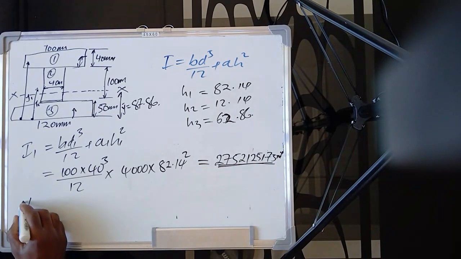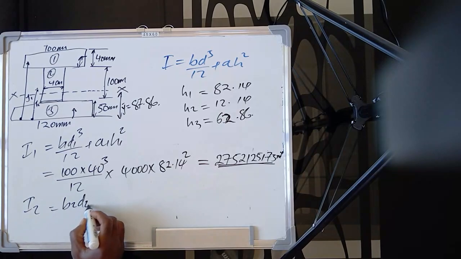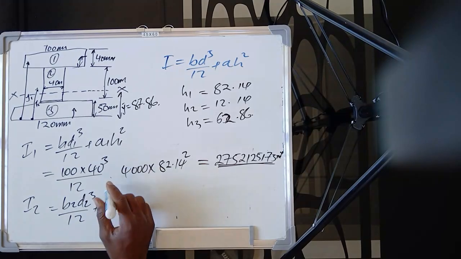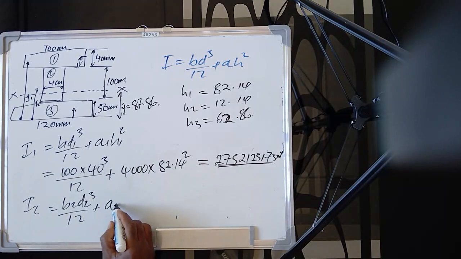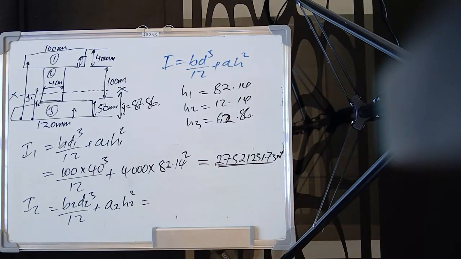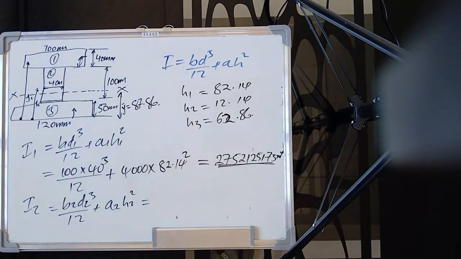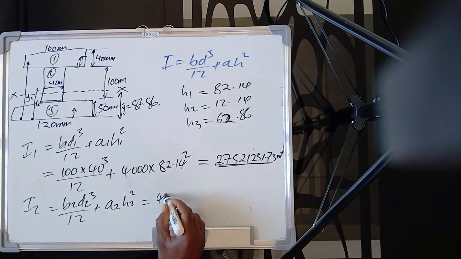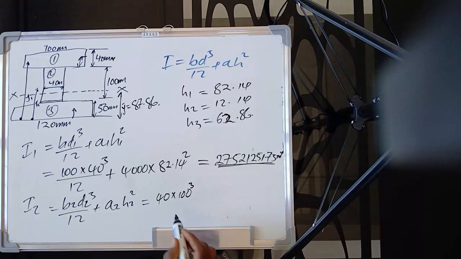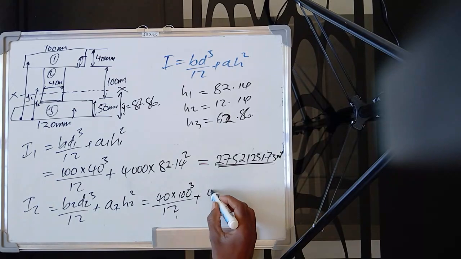Then we go for I2, which we are going to say B2D2 to the power 3 over 12 plus, this should be plus, guys, not multiplication, plus A2 H2 squared. Okay, we already have these numbers. So B2, again, remember, this is 2, so this is 40 by 100. So 40 by 100 to the power 3, over 12 plus area, you get it from the table, it's 4,000.